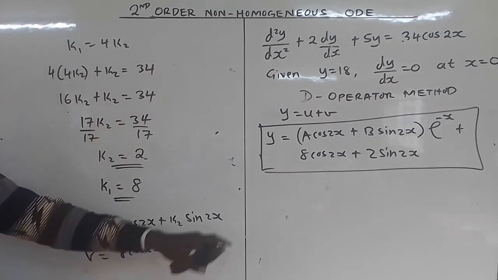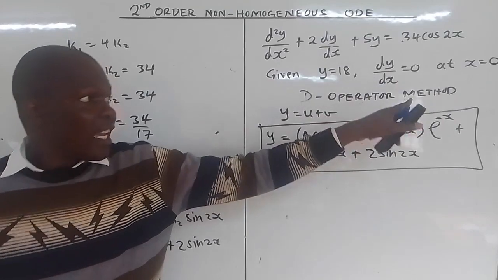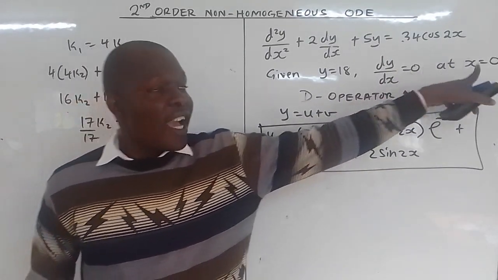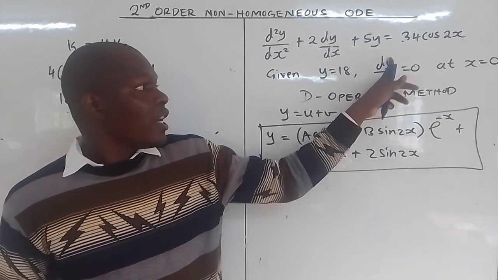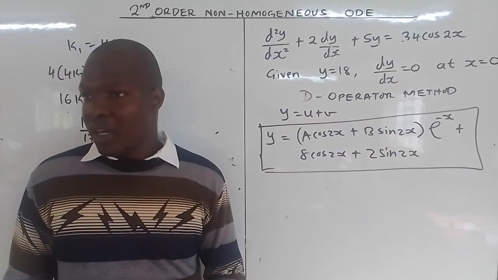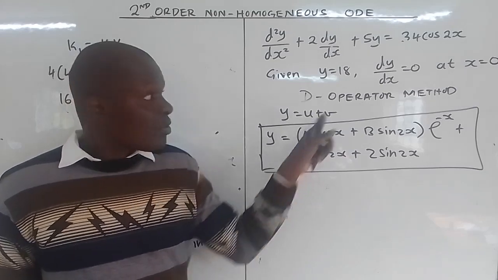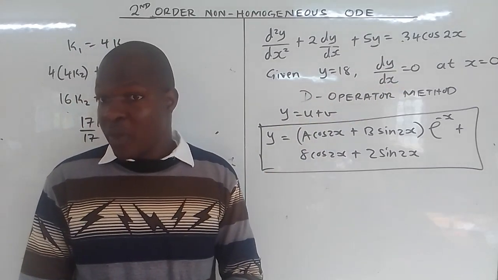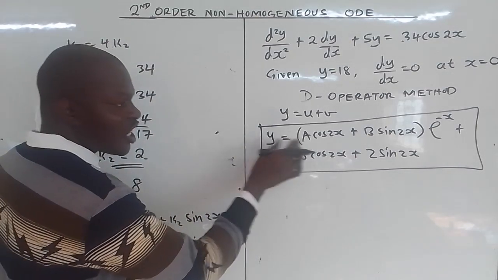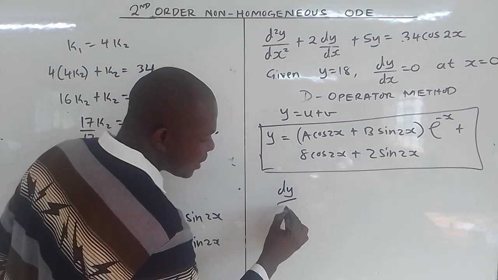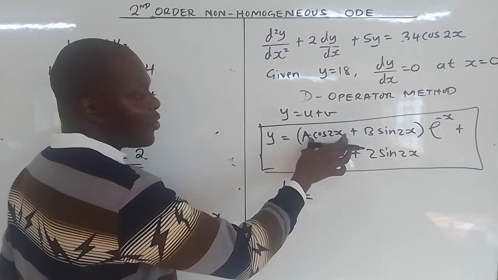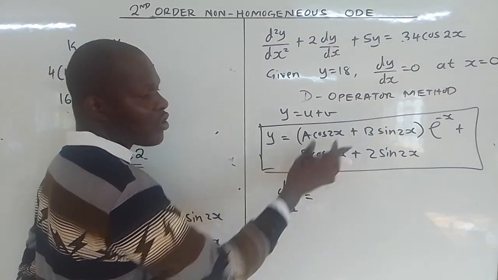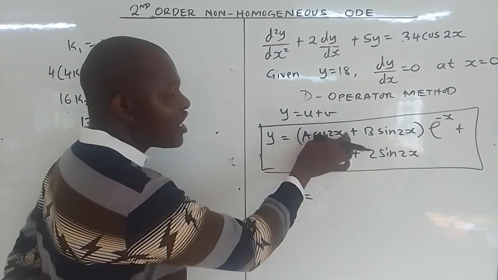We put the values of the boundary conditions to get the constants A and B. You can see in the boundary condition, when x is 0, y is 18, and dy over dx is 0. Meaning we need to find the derivative of this so that we are able to put the value of dy over dx, isn't it? Are we together? So if you differentiate y with respect to x, you get dy over dx. Differentiating cos 2x gives you negative sine 2x, differentiating 2x gives you 2.